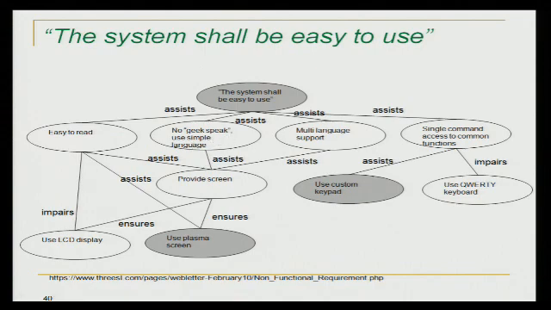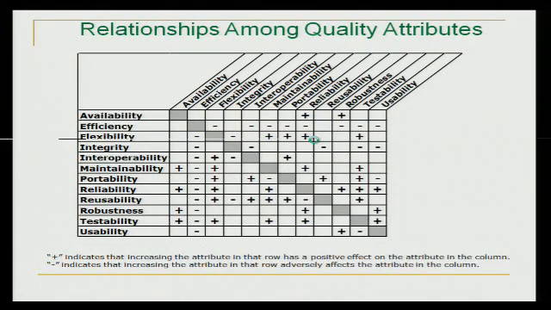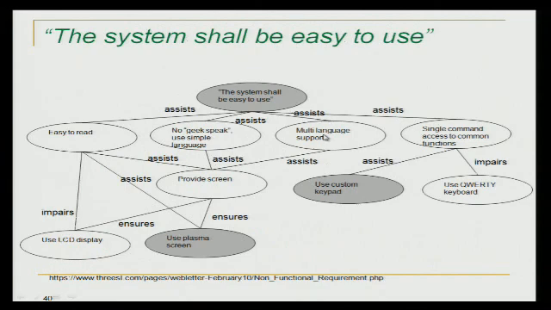No technical jargon. It would assist if it would support multiple languages. We'll talk later on about internationalization and localization, which is important too in a lot of systems today. A single command access to many common functions. So these things could assist that goal of the system being easy to use. So you can do some brainstorming and fill in different options there.